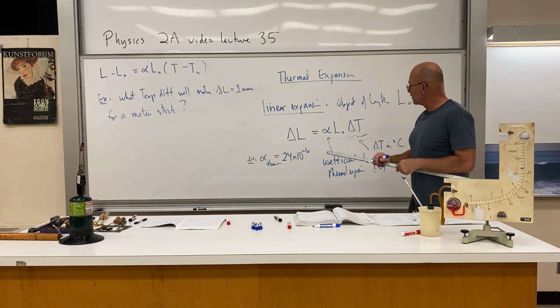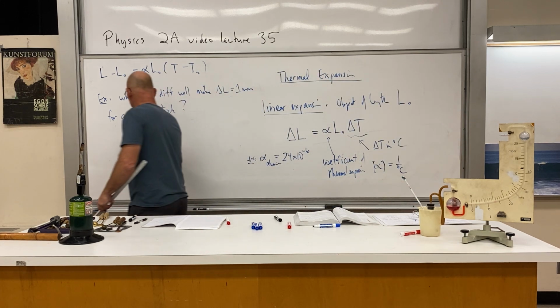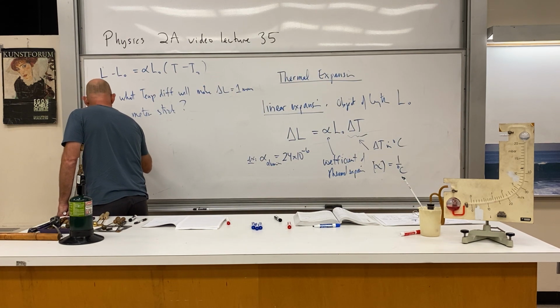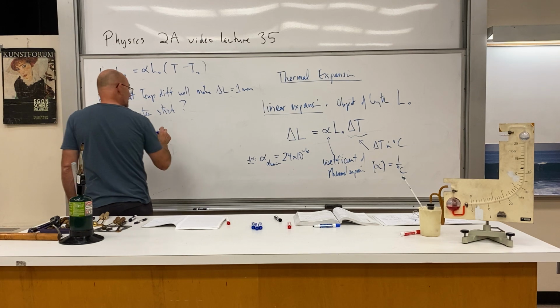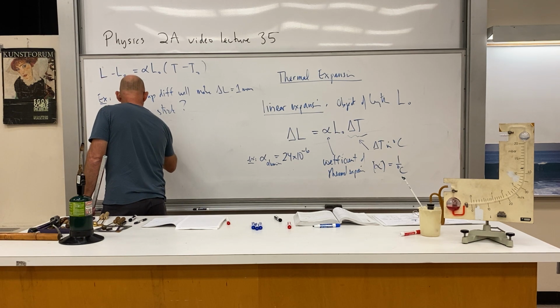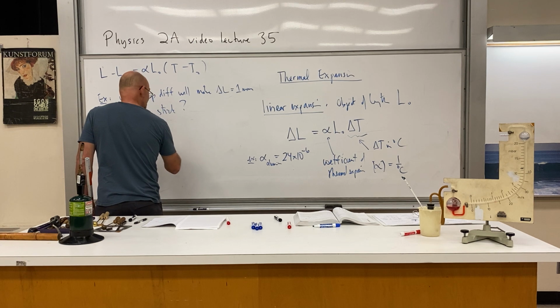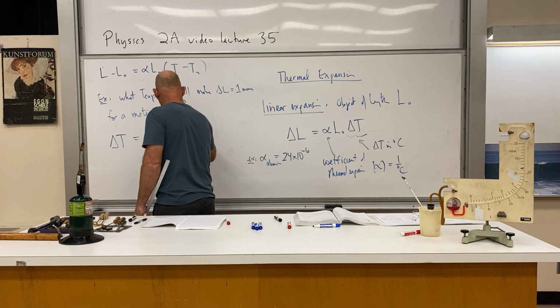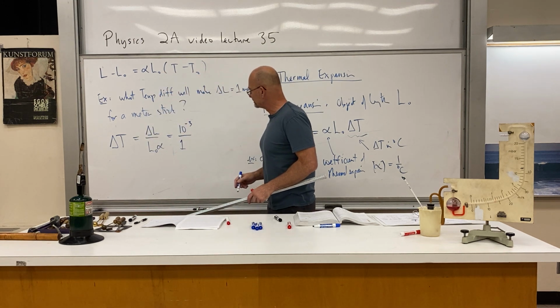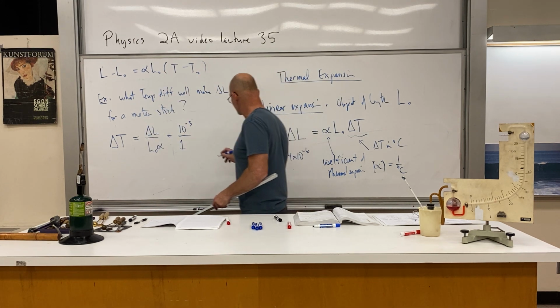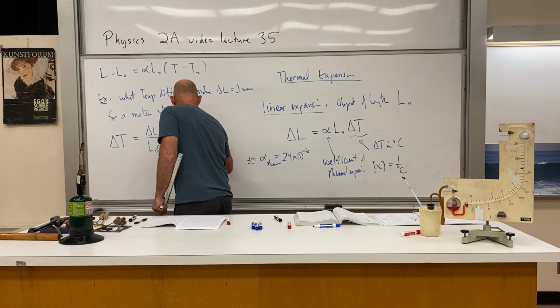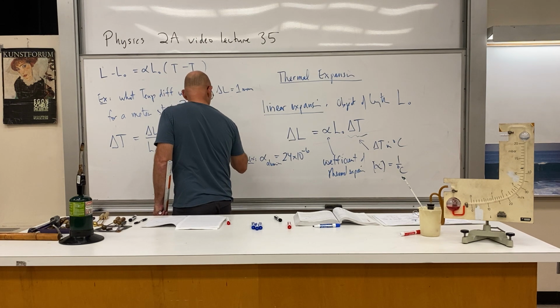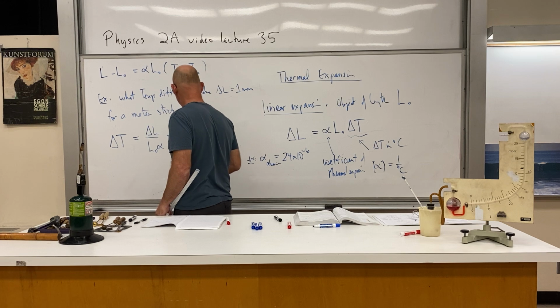So from delta L equals alpha L0 delta T, delta T, since that's what we're looking for, is delta L over L0 times alpha. We've got 10 to the minus 3 over 1, meters cancel, times 24 times 10 to the minus 6.